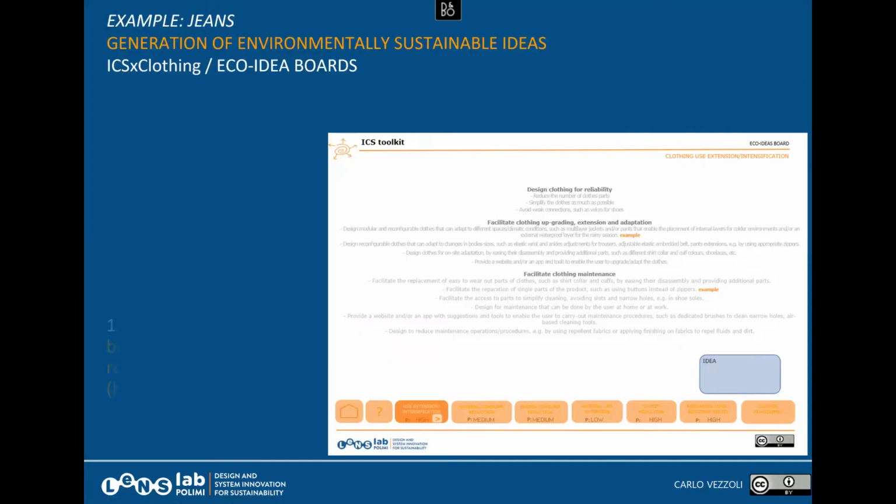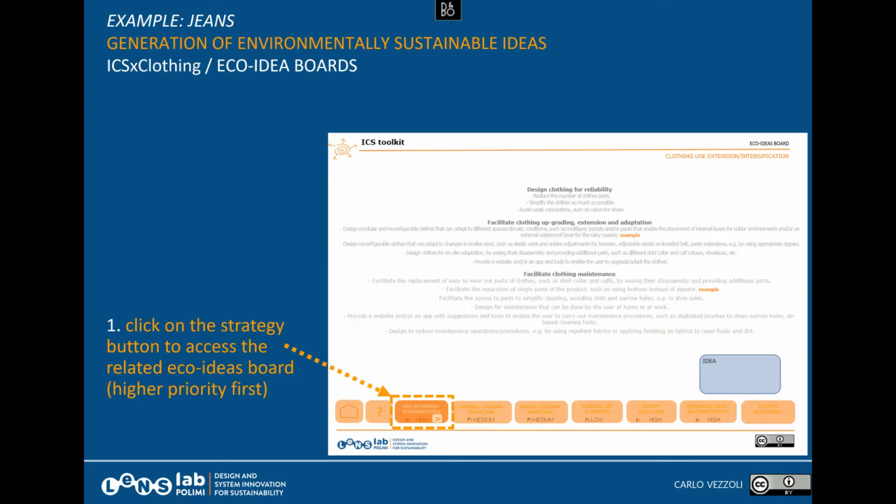Then what you do, and this is something you are going to do, again, as you did for the system innovation, you are going to work on idea generation, okay? So it's an important moment, and you're going to use idea boards, and these idea boards are related to the 6 criteria or strategies.